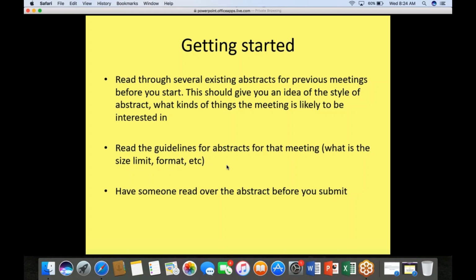We were not very happy. But we decided we would use this as a learning moment for these residents and explain to them who you include and who you don't include. So make sure that you have someone read over your abstract before you submit it.